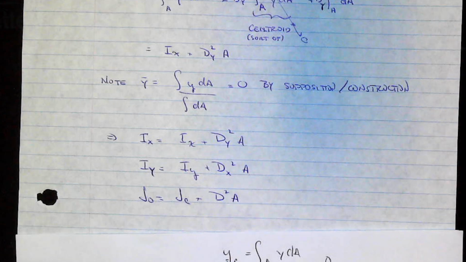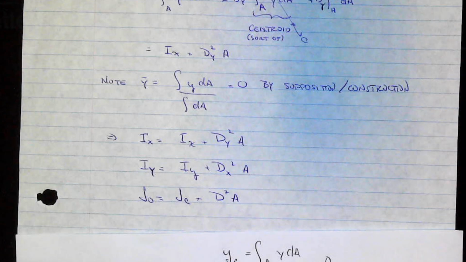I said that wrong. But because of the square that's in the integral, it's just Ix plus Iy, or it's this distance r from O out to the differential area.